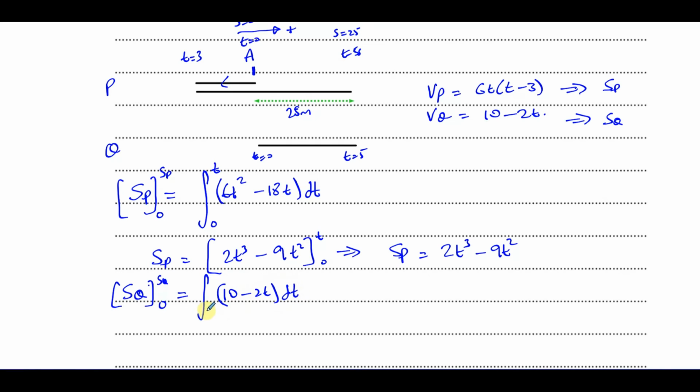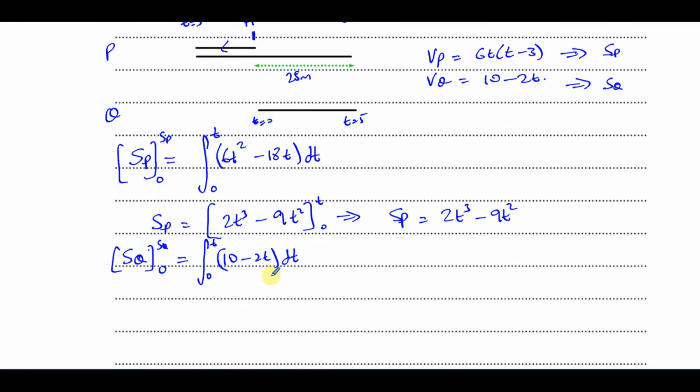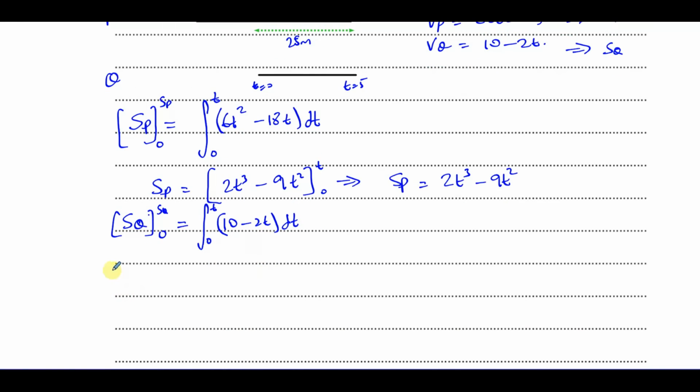I want to find s in terms of t, and I know when the displacement is 0, the time is 0. So I can do exactly the same thing here and integrate this to get s_Q.